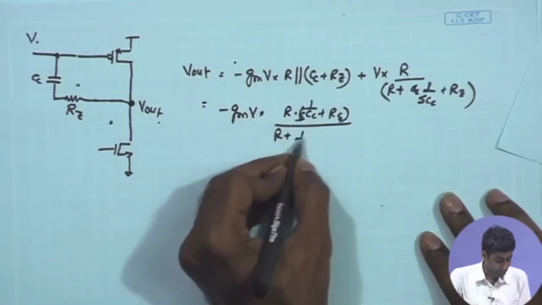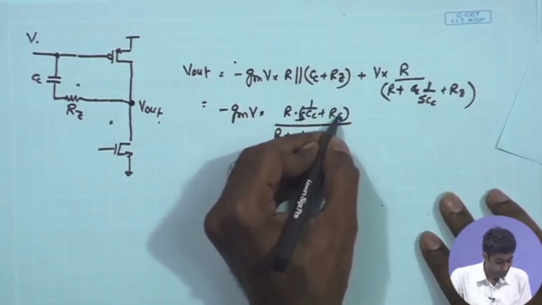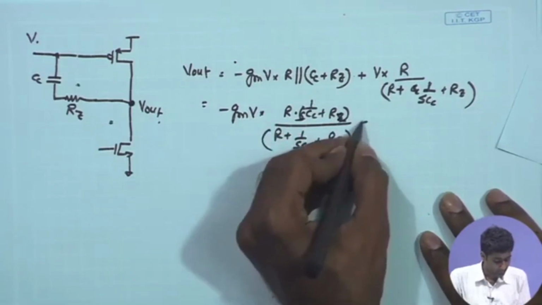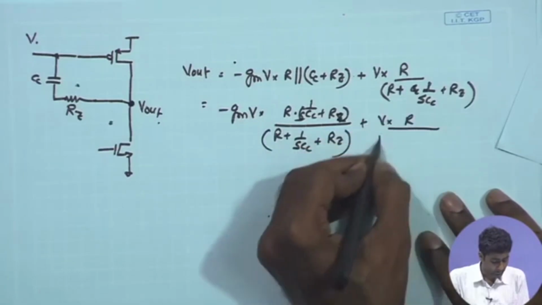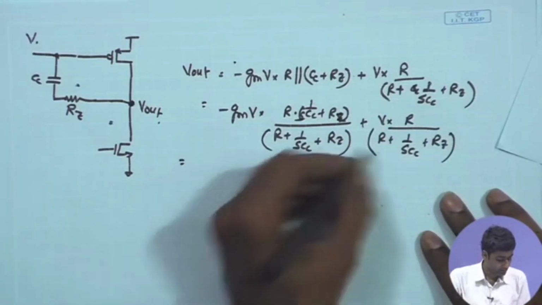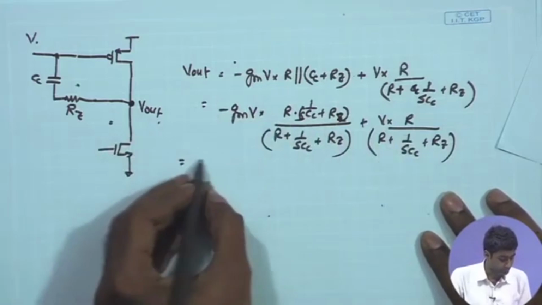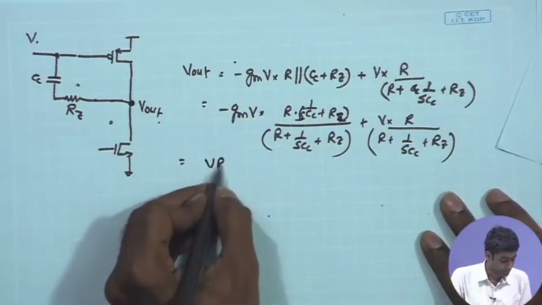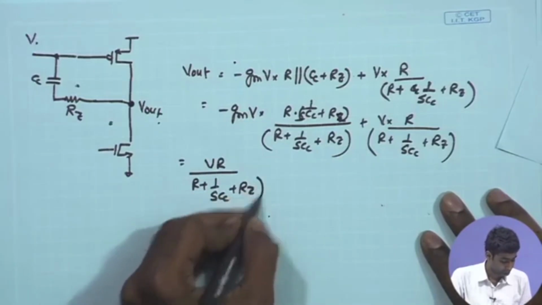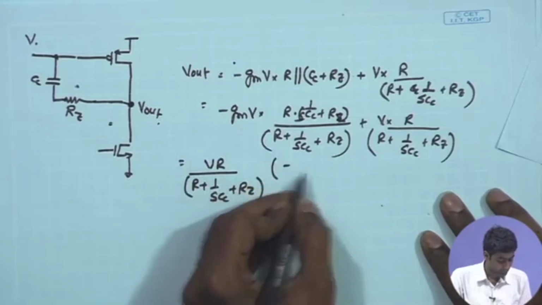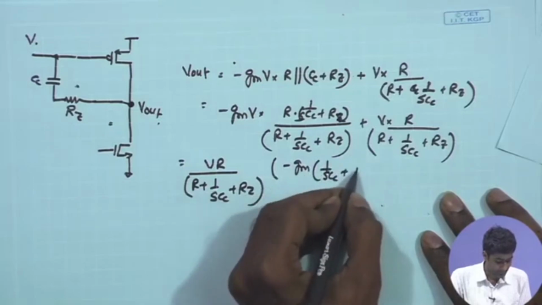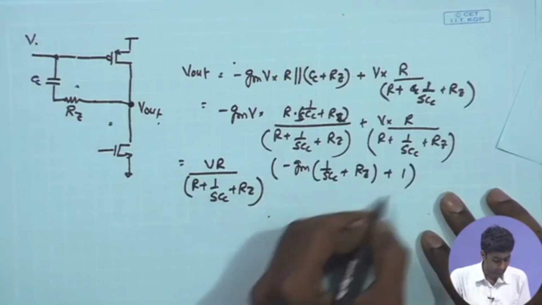One upon SCc plus Rz, plus V times R upon R plus 1 upon SCc plus Rz, and I can once again take out some factors as common. So, V and R, and you have GM times 1 upon SCc plus Rz plus 1 coming over here.